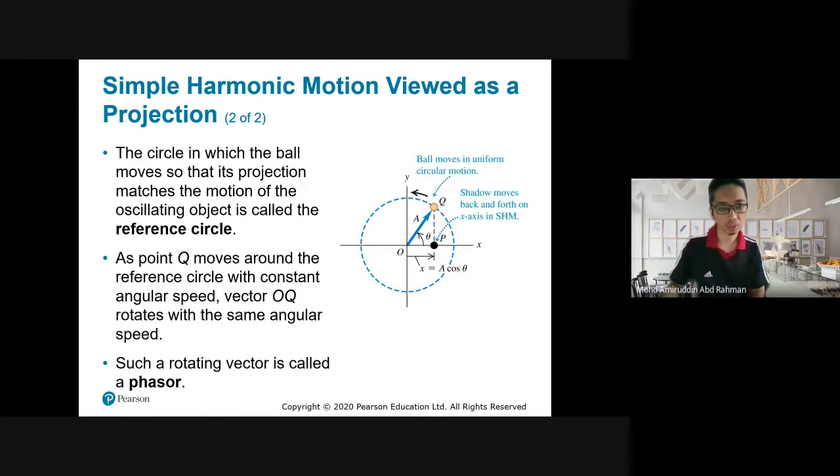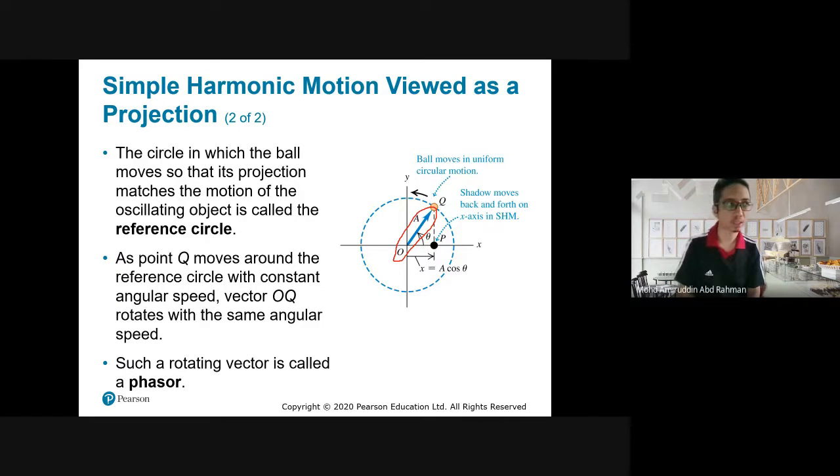So this vector OQ will also rotate with the same angular speed, and this vector is called a phasor.